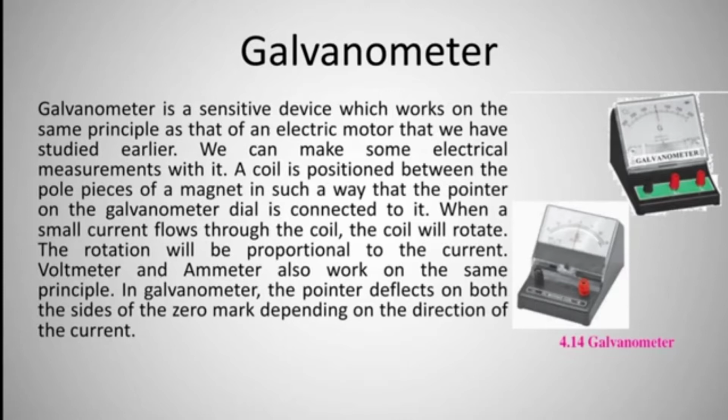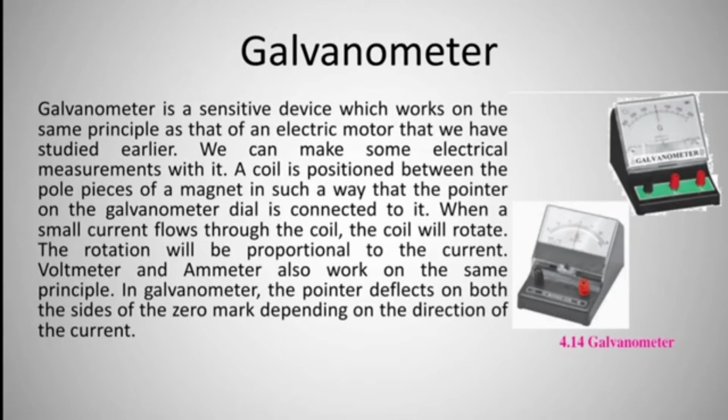When a small current, for example about 1 milliampere, flows through the coil, it will rotate. The rotation will be proportional to the current. The voltmeter and ammeter also work on the same principle.